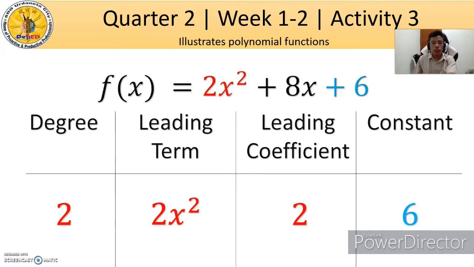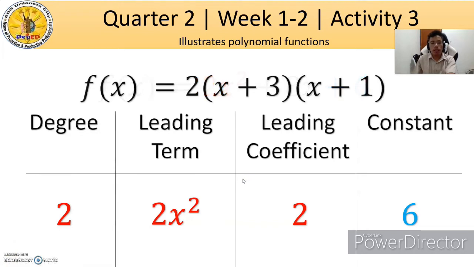And the easy way to do this is to go back to your original polynomial function. So let us again consider the function f(x) = 2 times the quantity (x + 3) times the quantity (x + 1). Observe that we can get the leading term by just multiplying the factor outside and then the two variables in the binomials.